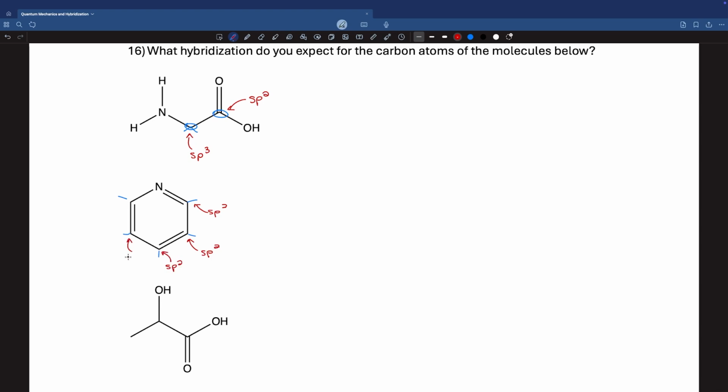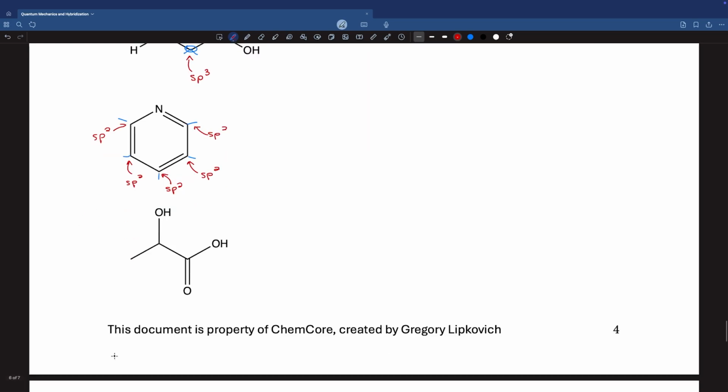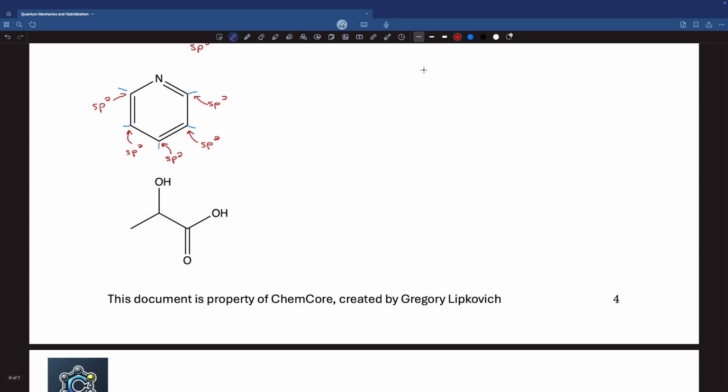And so let's fill that up. sp2 and the last carbon also sp2 hybridized. The next question, well, this terminal carbon has 3 hydrogens attached, which means it has 4 single bonds, meaning it is sp3 hybridized. This carbon right in the middle has 2 single bonds and a double bond, meaning it is sp2 hybridized.